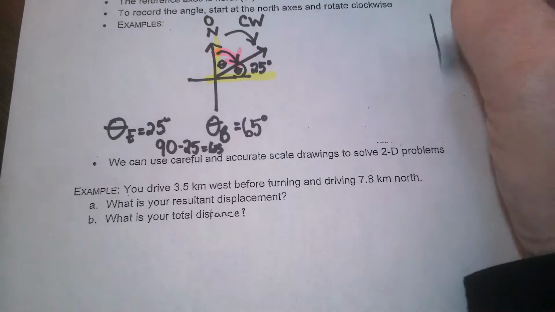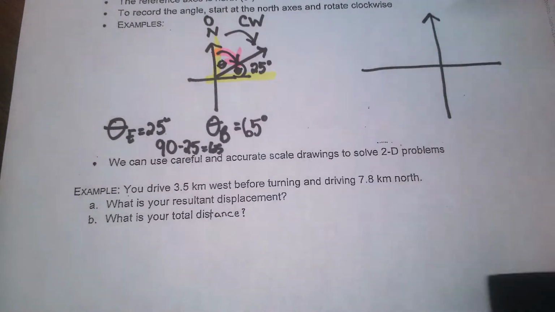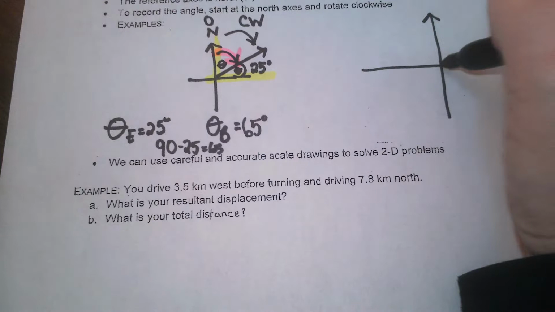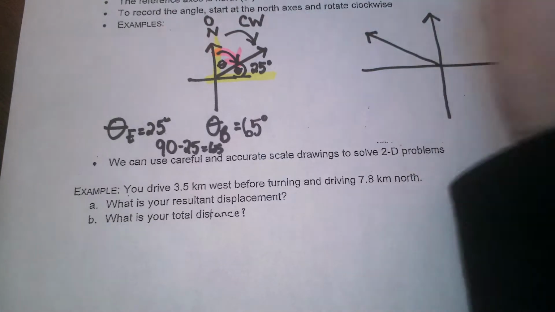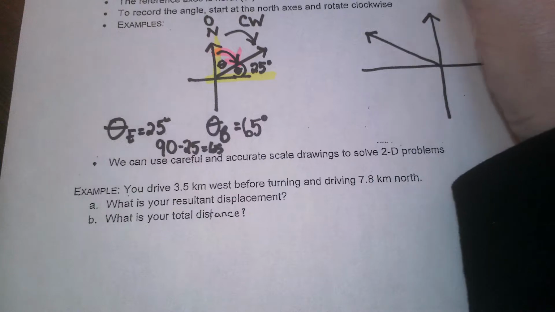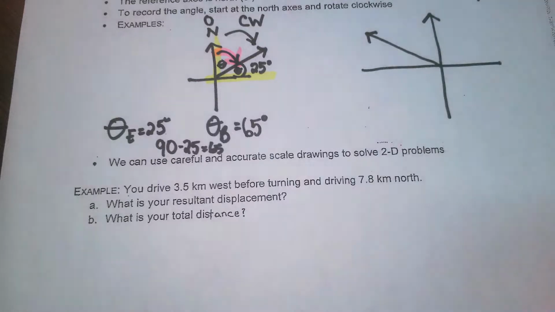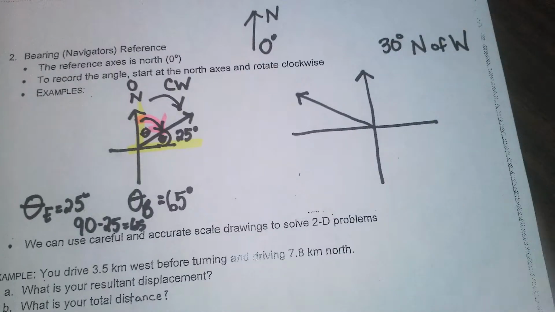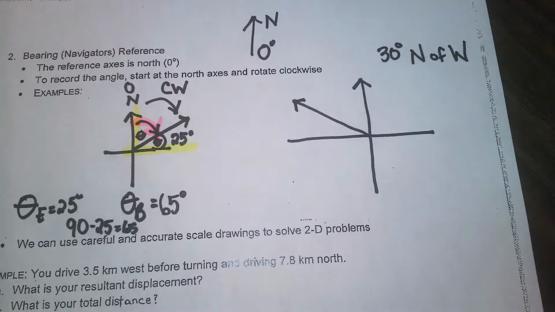Let's try another one. There's north. And we go, oops, sorry, you can't see what I wrote. We're going to go 30 degrees north of west.